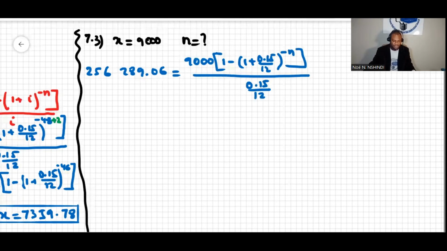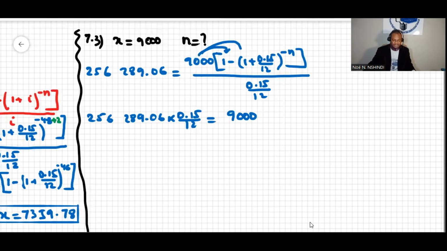So we cross multiply again, so we have 256,289.06 times 0.15 over 12 equal to 9,000. Because here we can do 9,000 times 1 and 9,000 times that.